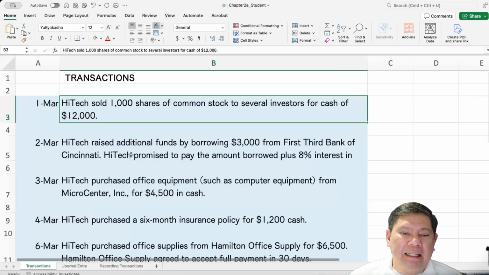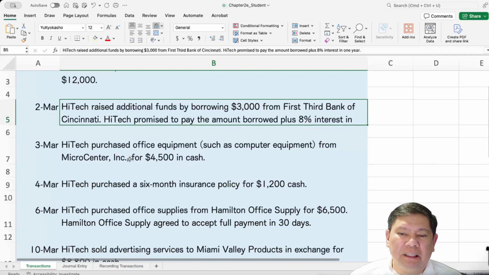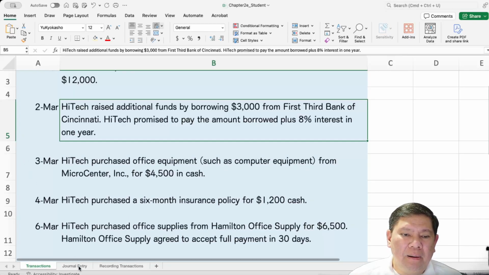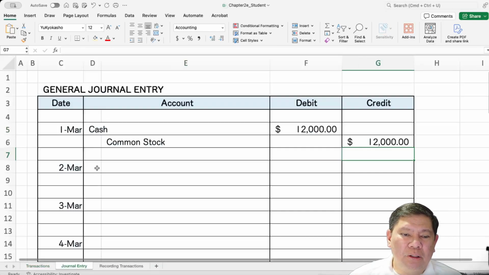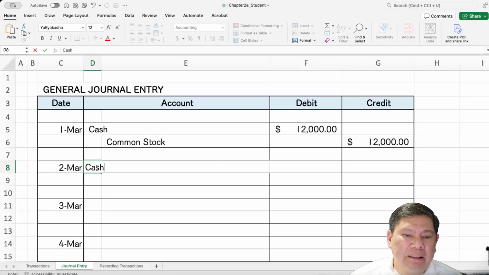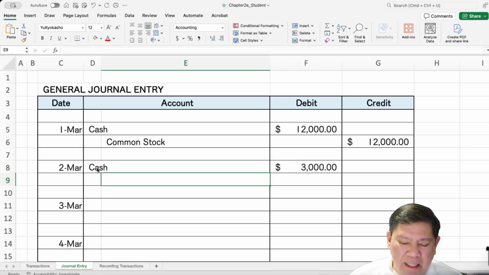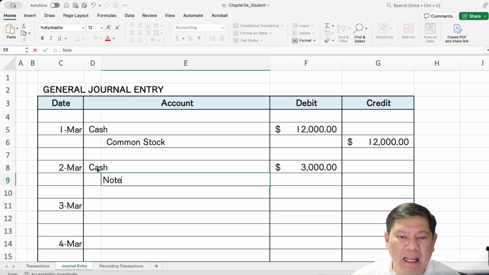The second transaction, we borrow $3,000 from a bank, and we issued, if you remember, notes payable. Notes payable is a liability. So our cash goes up by $3,000, and our liability goes up also by $3,000, and that liability is called notes payable.